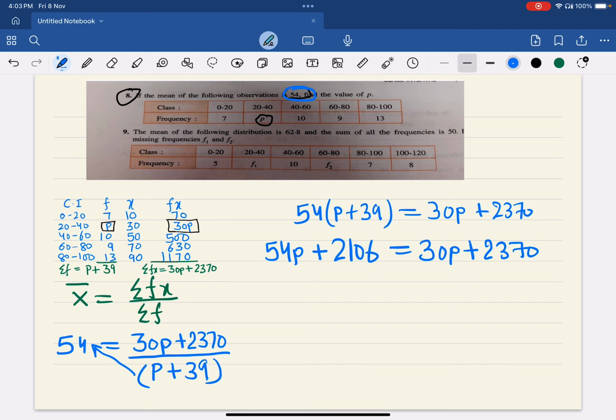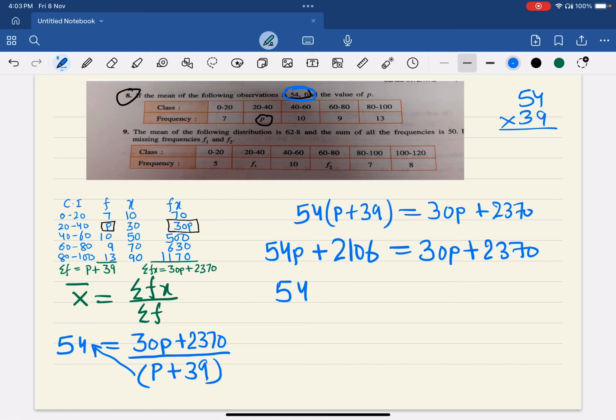You will have to actually do 54 times 39 and get it. Is there any other faster method of doing this? We will see that in a while. But for now, let us solve for p.